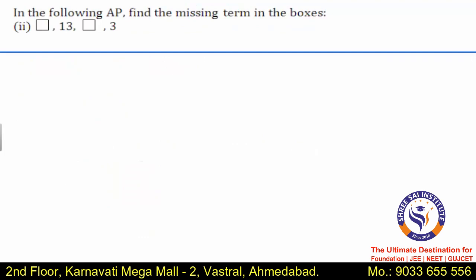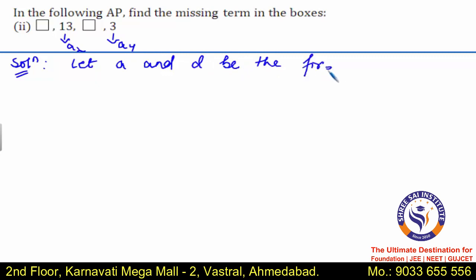In this question, we are given an AP whose first and third term is missing, and we have to find the missing terms. We are given the second term and the fourth term. First, let us denote by A and D the first term and the common difference respectively.